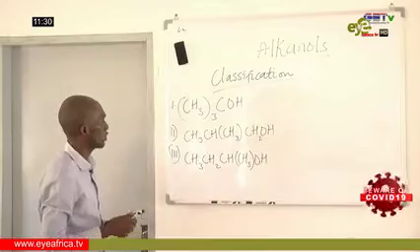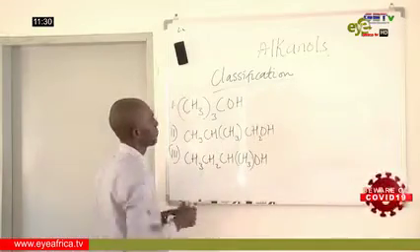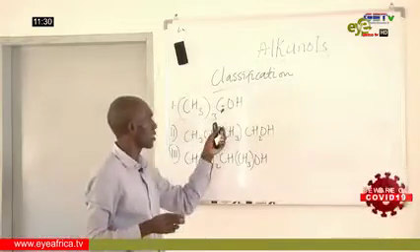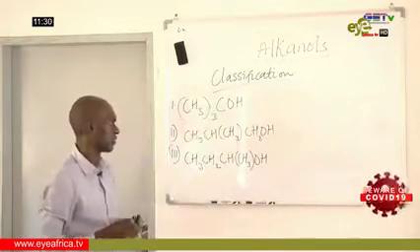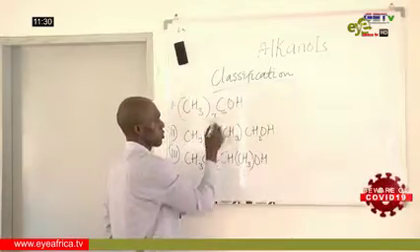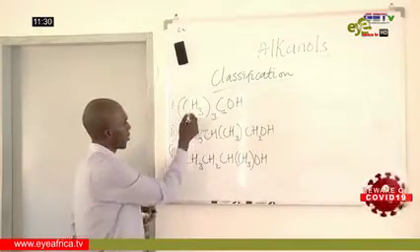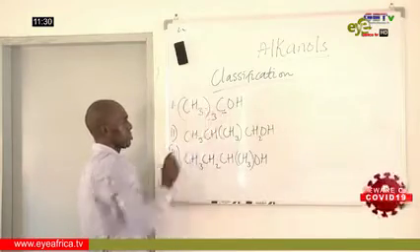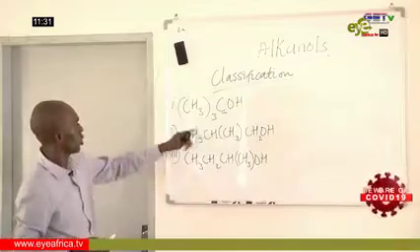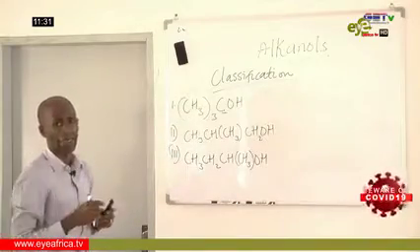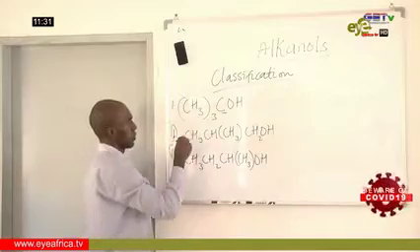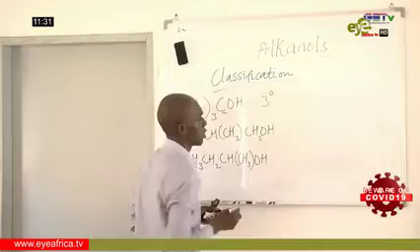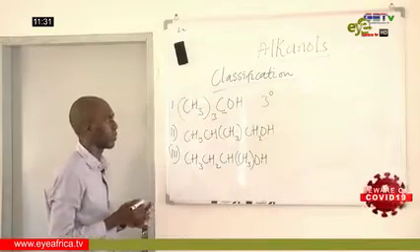So let's try to classify the first one. We're going to look at how many R groups are attached to the carbon that bears the functional group. So this is the carbon to which the functional group is attached. But we have three other methyl groups, and all these methyl groups in parentheses are attached to the carbon that bears the functional group. So each of the methyl groups is an R group. So since we have three R groups, this is going to be referred to as a tertiary alcohol.